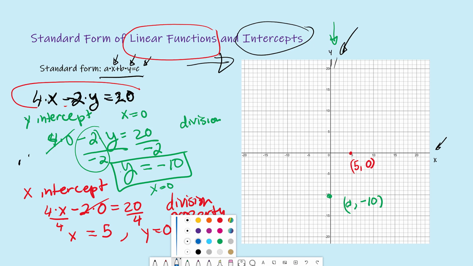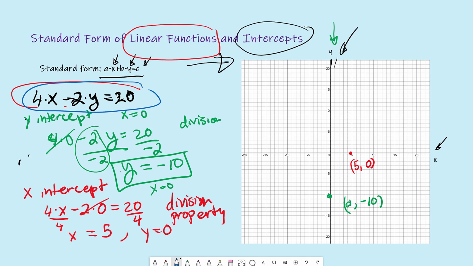Using these 2 points, we now can pass a line between them. We can connect them with a line. Between every 2 points, we can draw a single definitive line, and that line will be the graph of our function that we were given in this standard form. I'll try to pass a nice straight line.